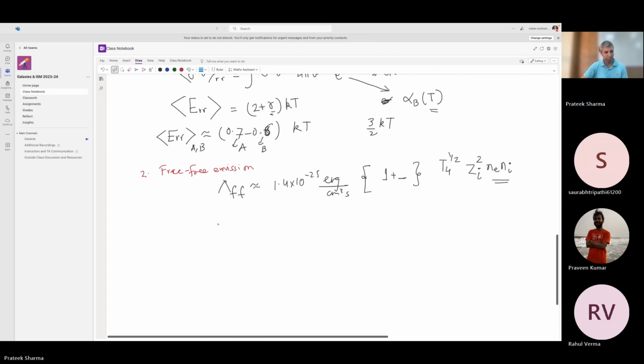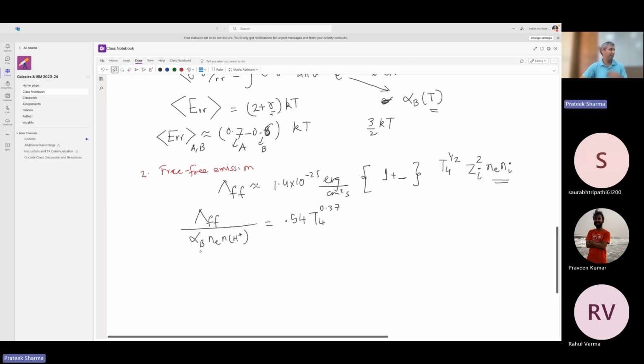And if you normalize it to the case B recombination rate, so alpha_B n_e n_H+, this is equal to 0.54 T4 to 0.37.